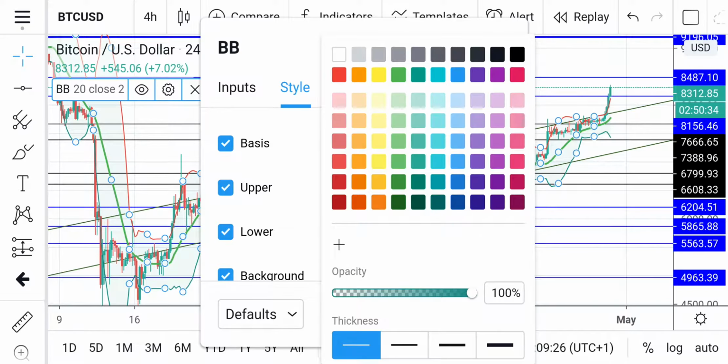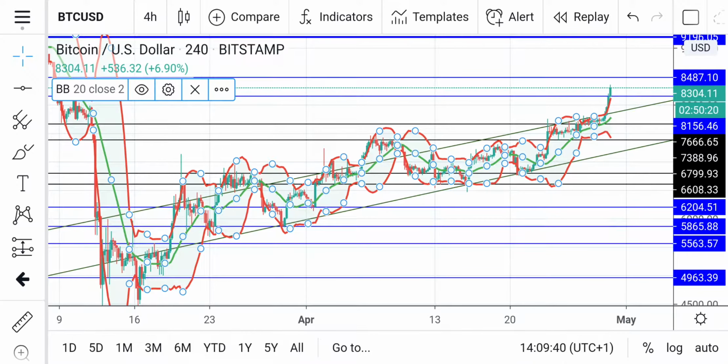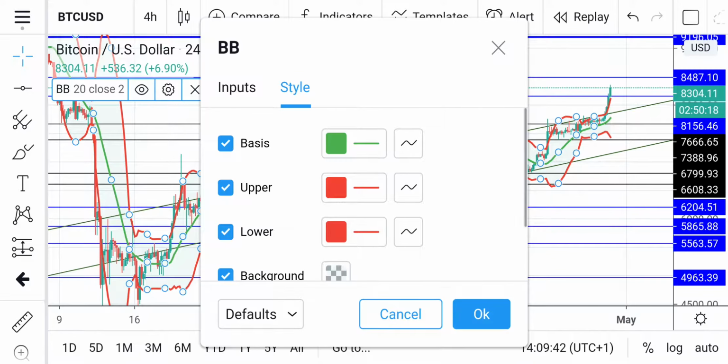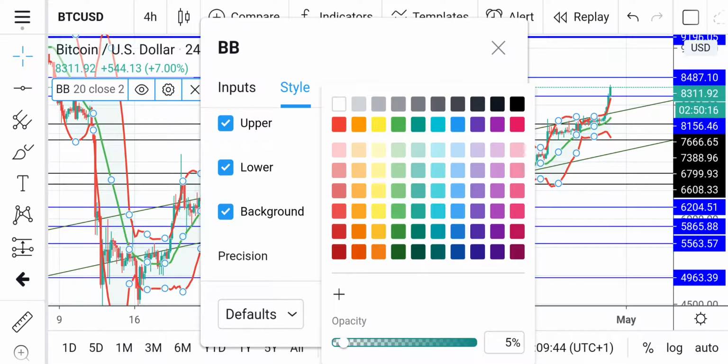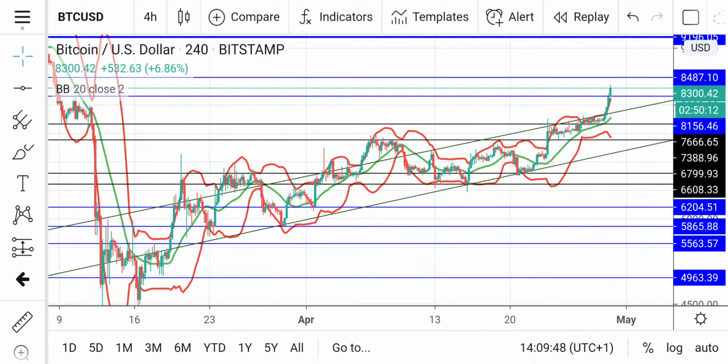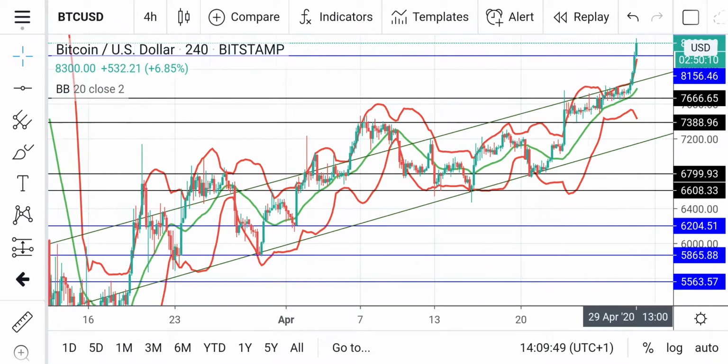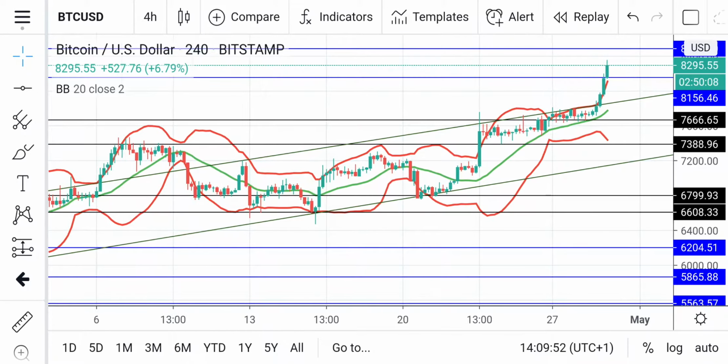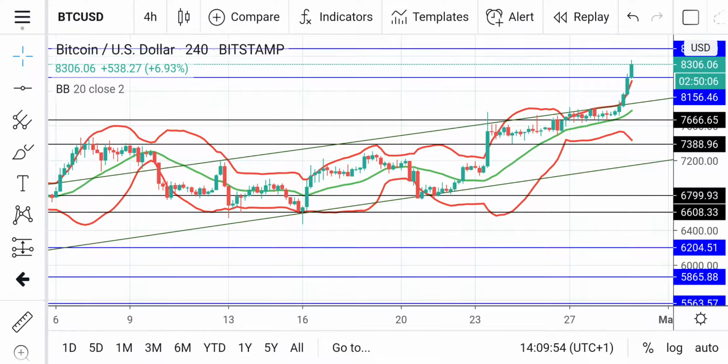For the other band I want to use blue, or let me use red. So there you have it. For the background I like to leave it plain white. So that's it. This is your Bollinger Band.